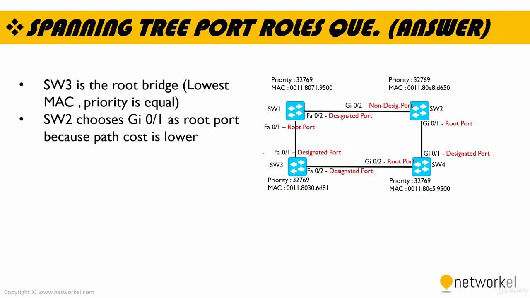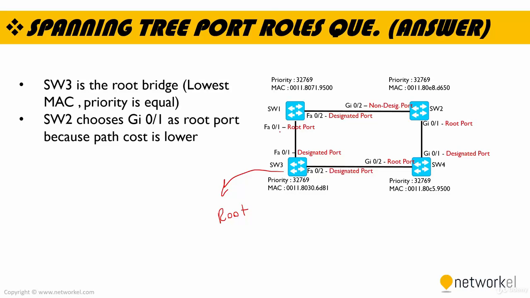And let's take a look at the port roles. This is my root bridge. The closest port to the root bridge from a path cost value point of view will be the root port for each switch. For example, let's check switch 1.